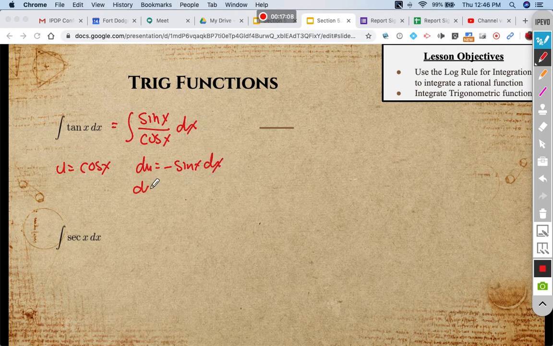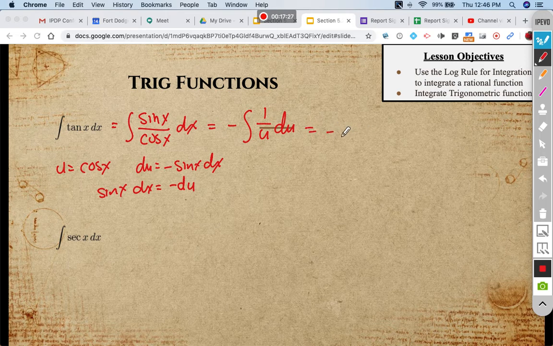so the sine of x dx equals the opposite of du. Either way, we can write this as the opposite of the integral of 1 over u du.